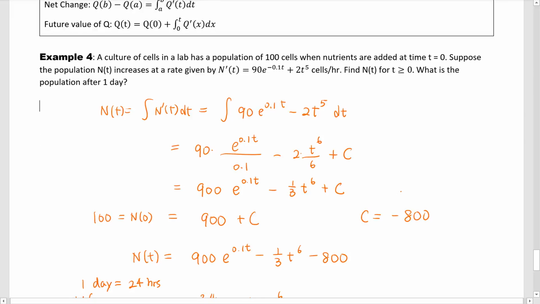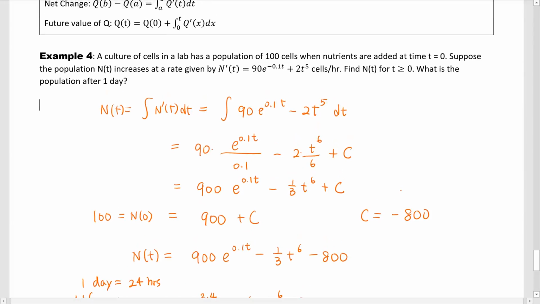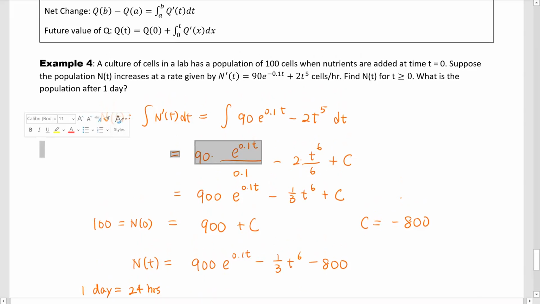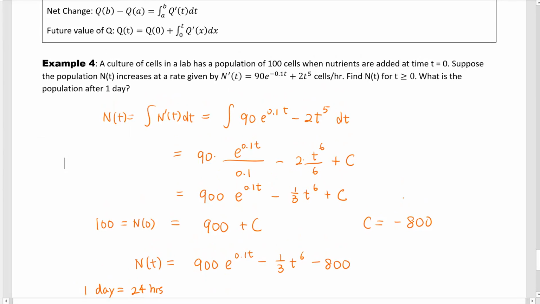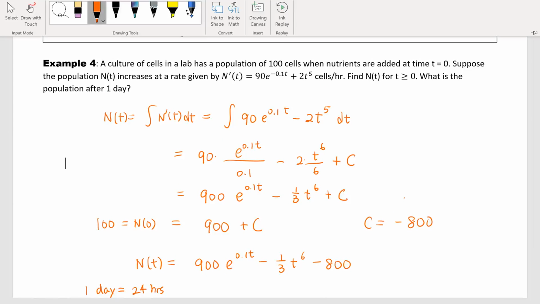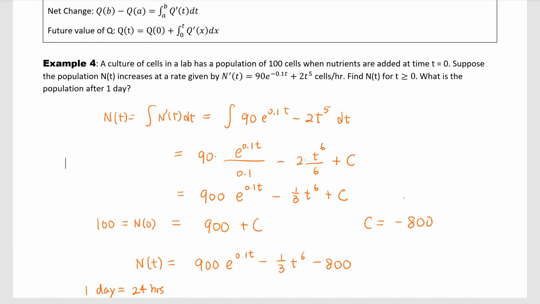So this will change to negative, and then when we integrate, we make this negative.